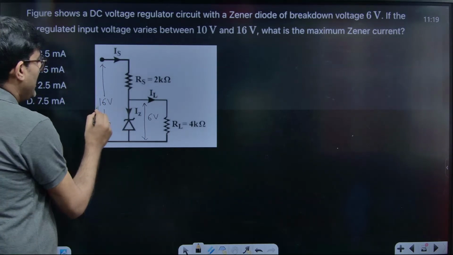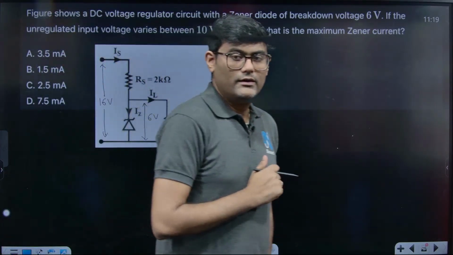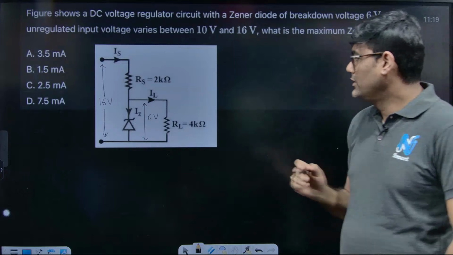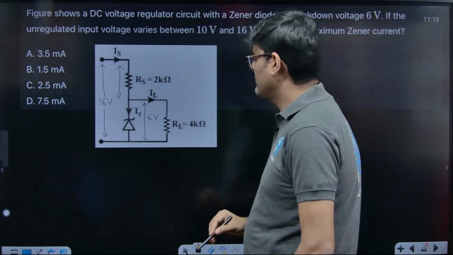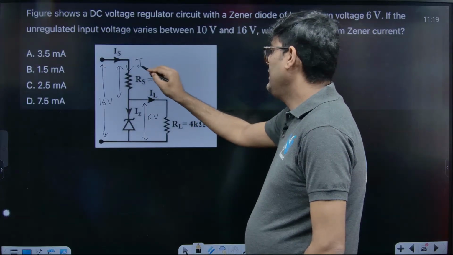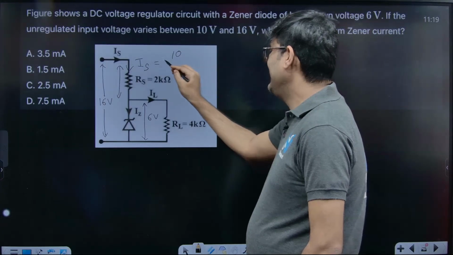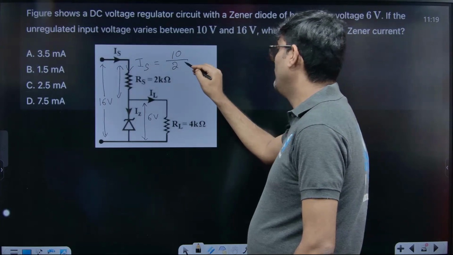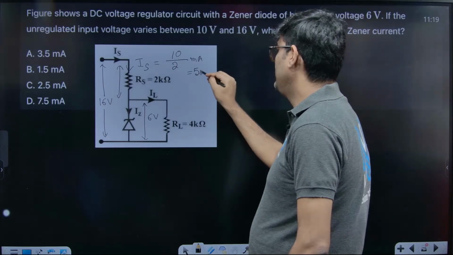You can see out of 16 volt, this 6 volt is already applied across the Zener diode. So how much voltage is applied across this 2 kilo ohm resistance? It is 10 volt. So this current Is is 10 volt divided by 2 kilo ohm, which is 5 milliampere.